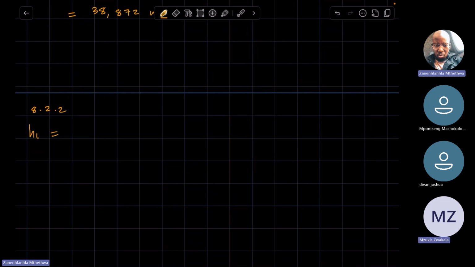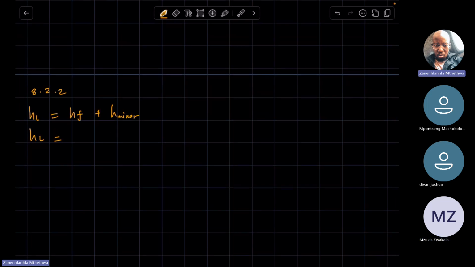And the major is the frictional head loss plus the minor head loss. Right? So this is equal to, seeing that you're looking for velocity, we are going to use 2 times F times the length of the pipe times V squared divided by G times the diameter of the pipe, right?